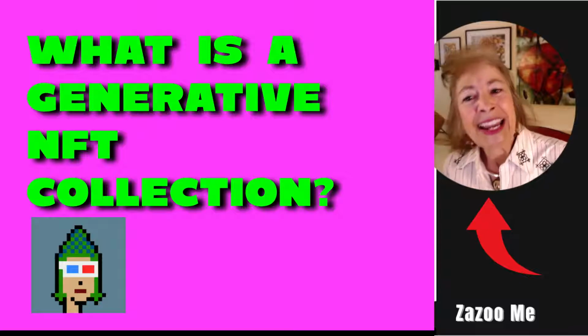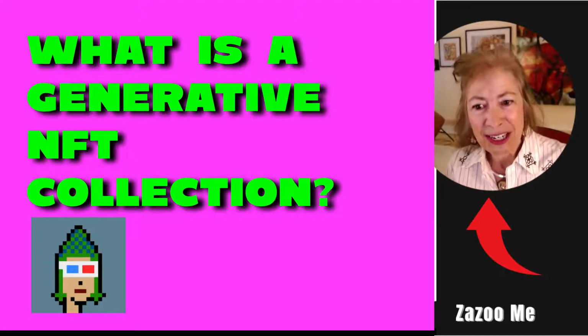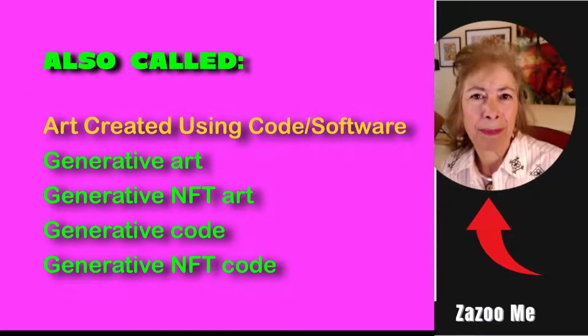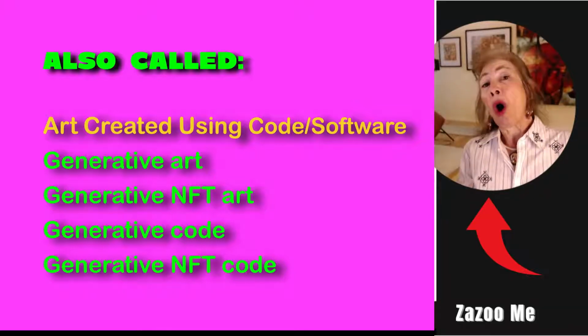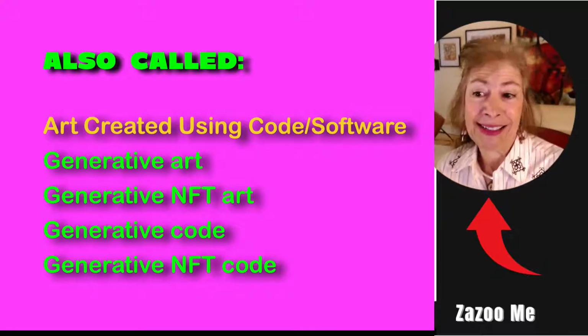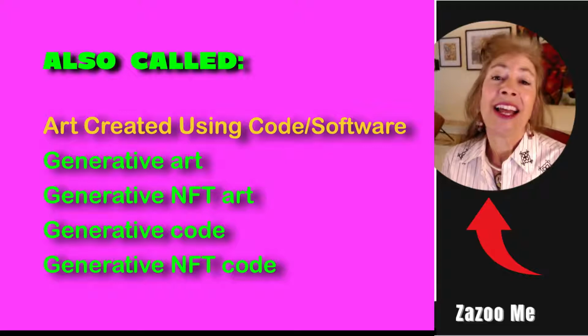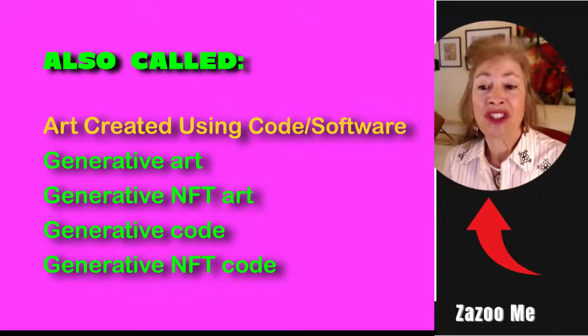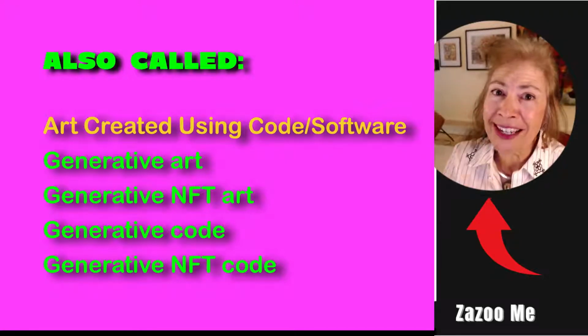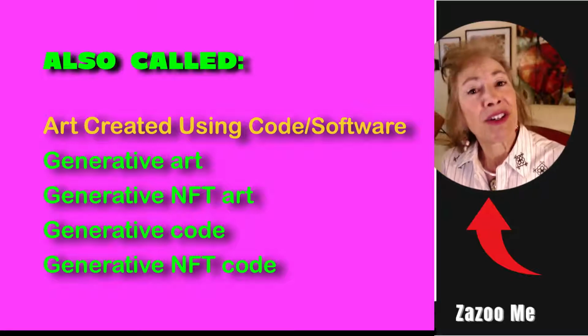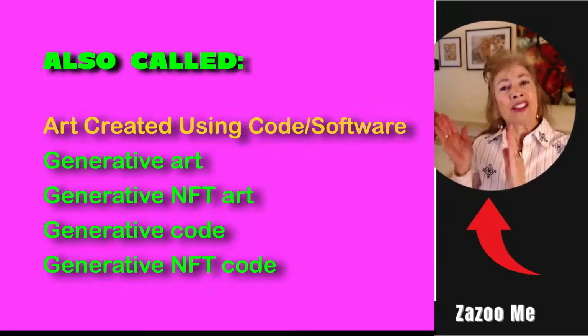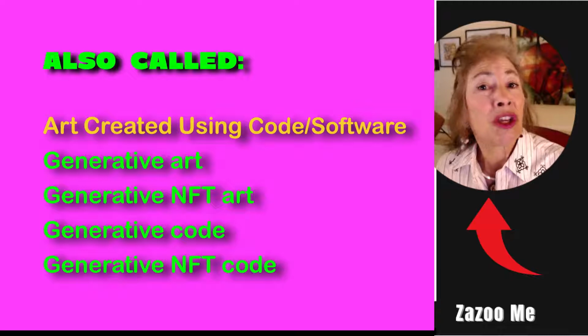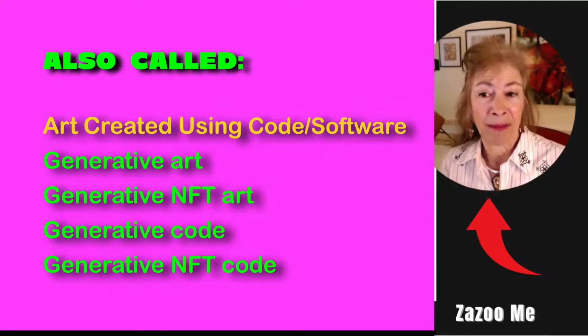What is a generative NFT collection? What does that even mean? A generative collection is also known as generative art, generative NFT art, generative code, and generative NFT code. It is art created using software.